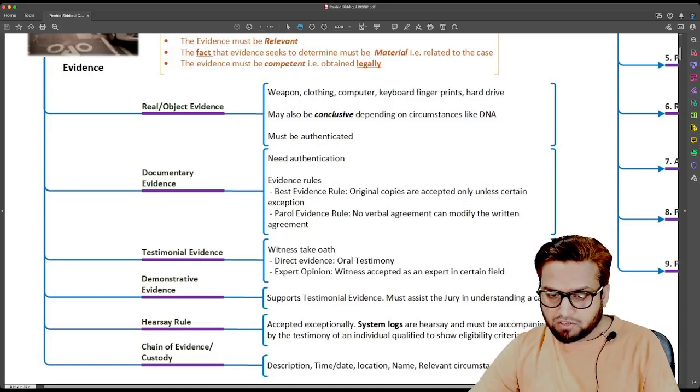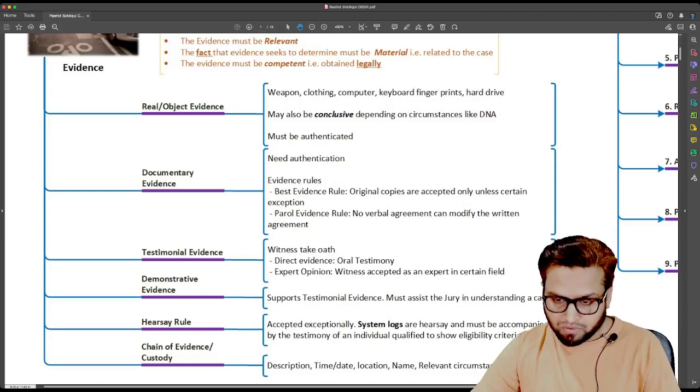So all the documents which we provide should be originals. It should not be a photocopy or fax or some drawing of the original. It should be the first hand reference to the evidence, basically the original copy.